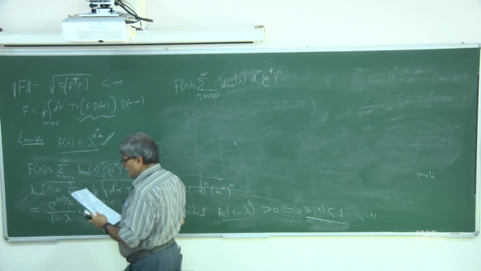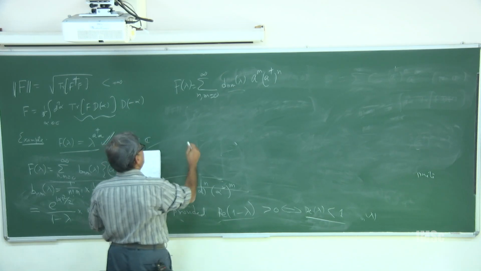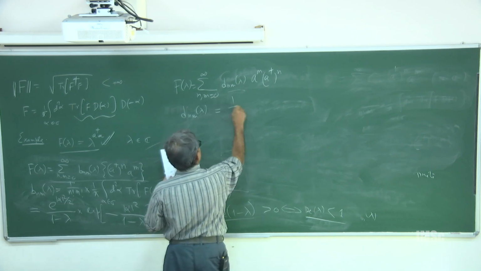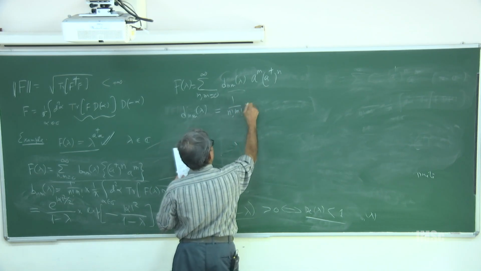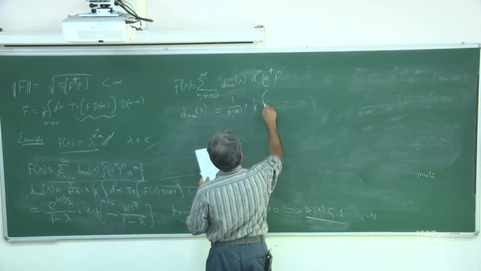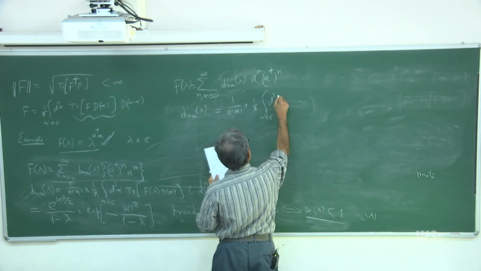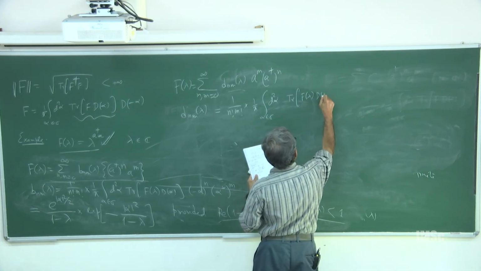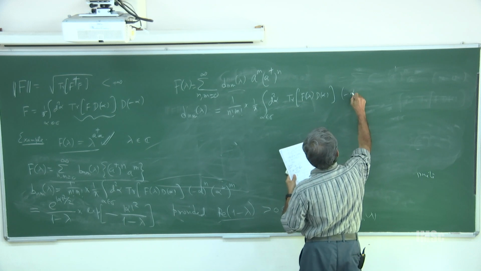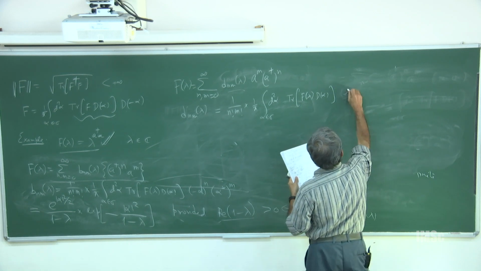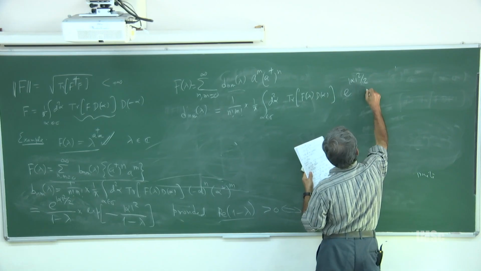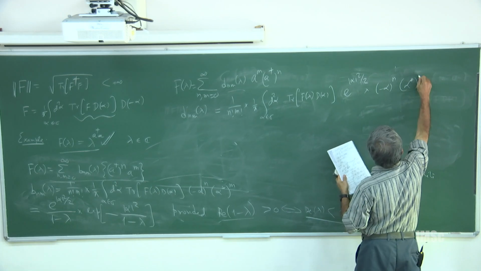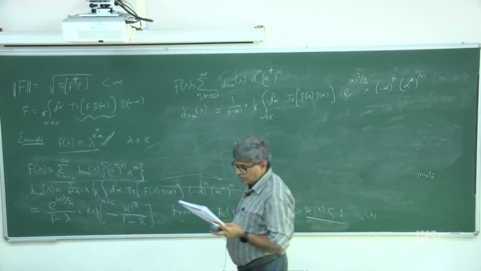These are the coefficients, and once again we have discussed this earlier: this is 1 upon n factorial m factorial, 1 upon pi, integral over alpha belonging to C, d square alpha, trace of f lambda D alpha, then minus alpha to the power n, e to the power mod alpha square by 2, minus alpha to the power n alpha star to the power m. So this is the expression.